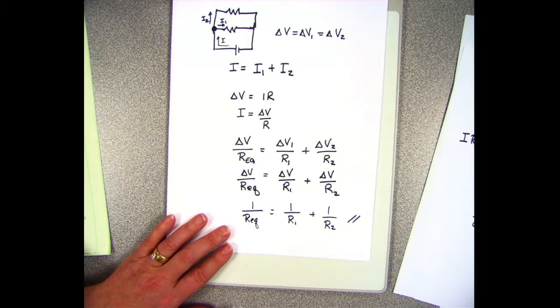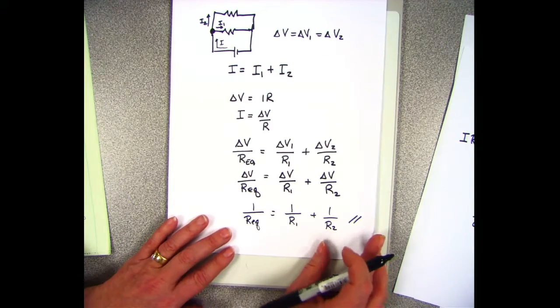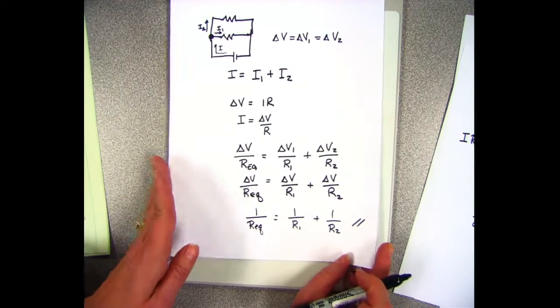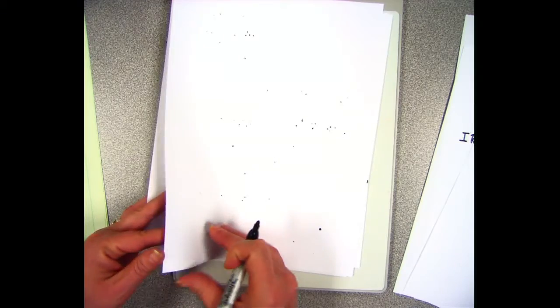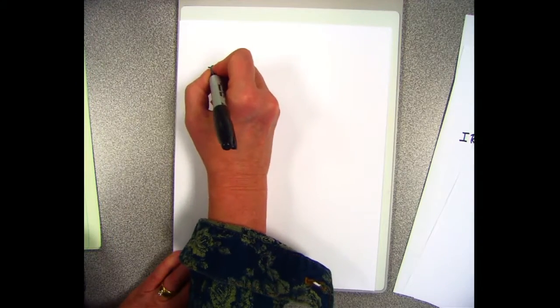So we're going to have similar types of problems looking at equivalent resistors as we had equivalent capacitors. So let's do one. It's going to take me a second to draw the circuit. I'm going to start out with a battery.